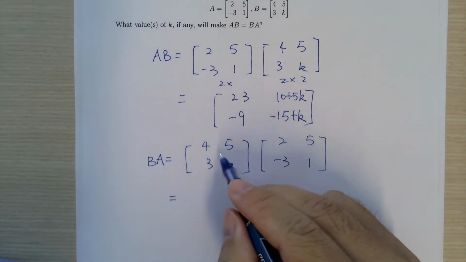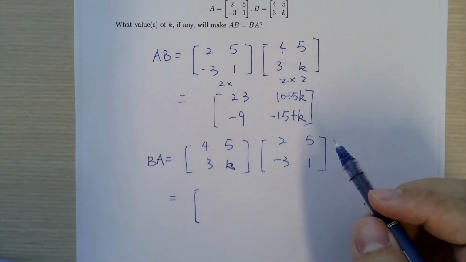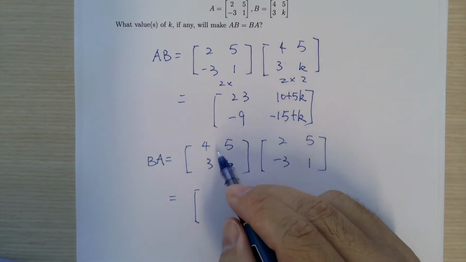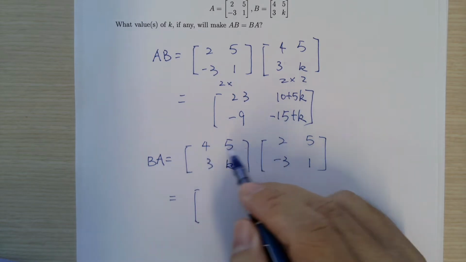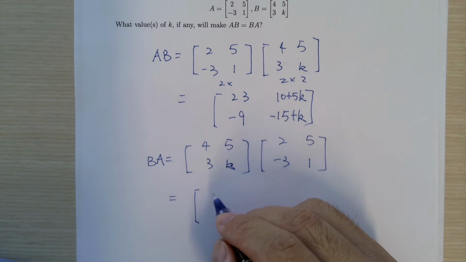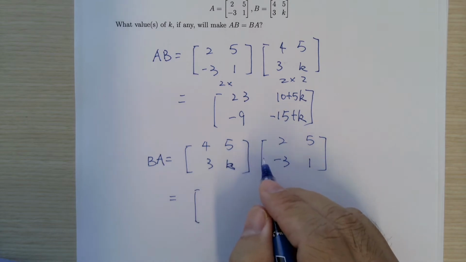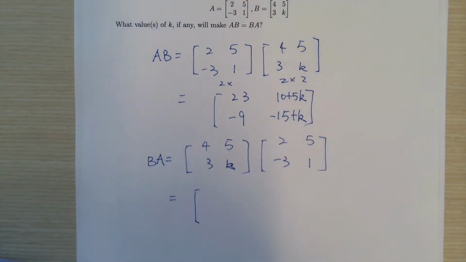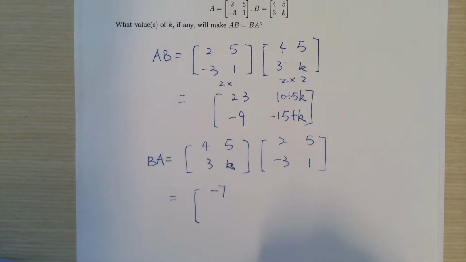We can see this is going to be 4 times 2, which is 8, and then minus 15, so 8 minus 15 gives you negative 7.